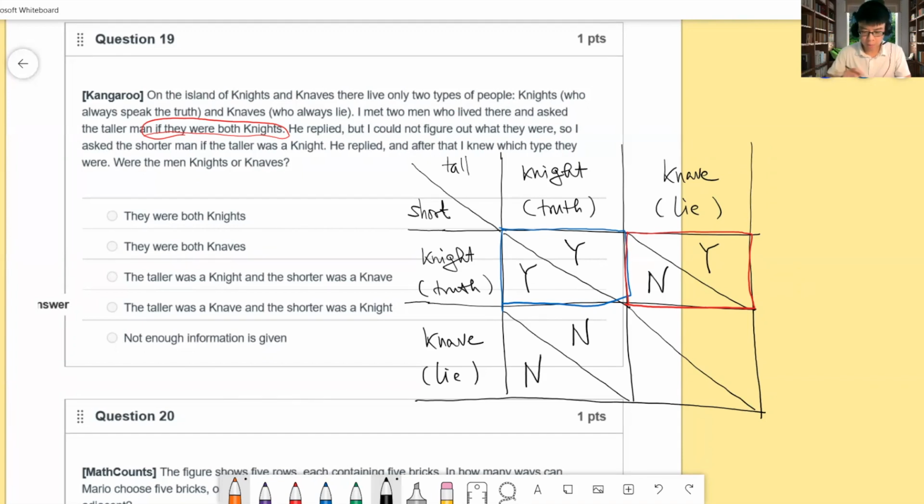For the first question, because none of them is a knight, the answer should be no, but because they tell lies, they answer yes. And for the second question, the answer should be no, but because it's a liar, the answer the traveler got was yes. So that's the answer here.